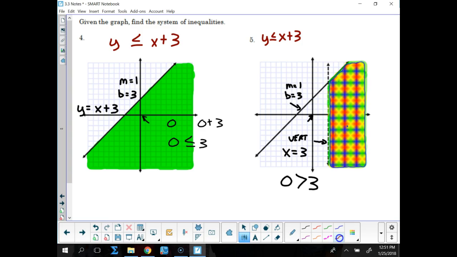So my other part here is x is greater than 3. Got to come up with the line first, then you've got to fill in the inequality based upon test points. All about the test point.